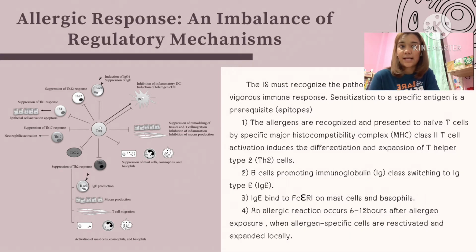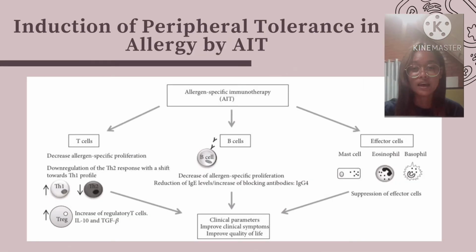And the last step, allergic reaction occurs 6 to 12 hours after allergen exposure when allergen-specific cells are reactivated and expand locally. On this slide, we will talk about induction of peripheral tolerance in allergy by AIT.